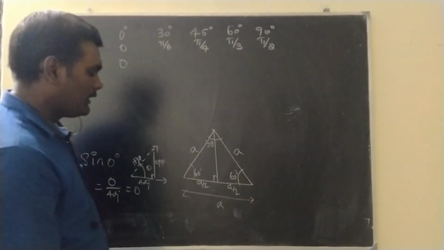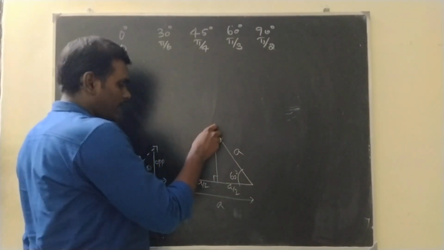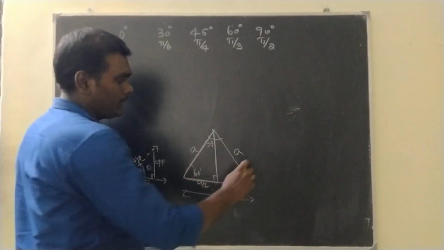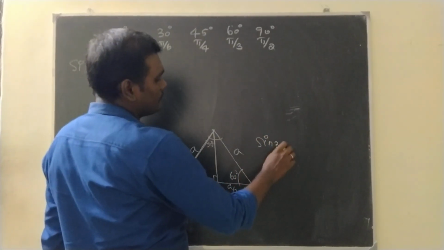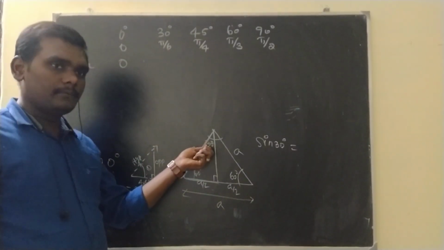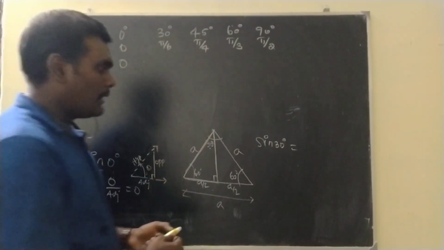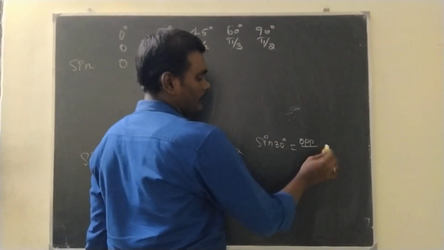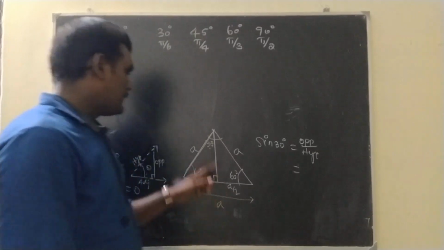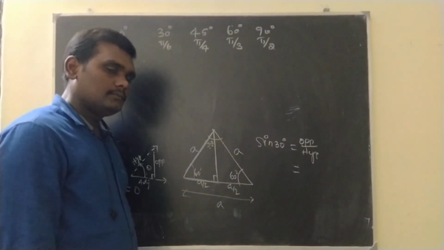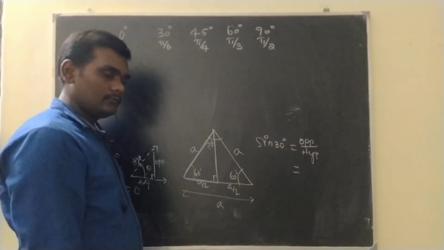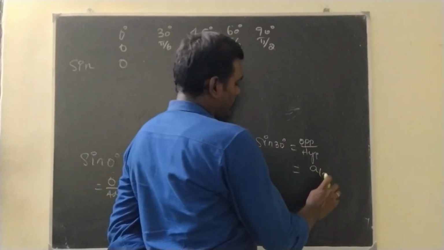Now we need to calculate sine 30 degree. You take this right angle triangle. Can you see it? In this, for sine 30 degree, our theta is 30 degree. What is the sine ratio? Opposite by hypotenuse. The opposite side of 30 degree is A by 2.